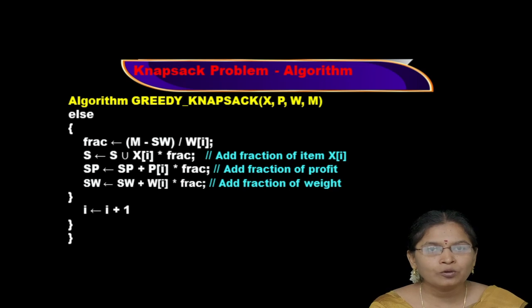Next, we have to add the fractional part of the item. So first we have to calculate the fractional part, (m minus SW) divided by the weight of i. So add the fractional part of the item into S, add the fractional part of the weight into SW and add the fractional part of the profit into SP. So, increment the i variable, end the while loop and end the algorithm.